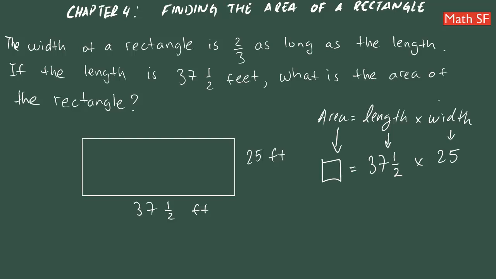So we must multiply these two numbers. Convert these into improper fractions. We did it previously, which gave us 75 over 2 times 25 over 1.